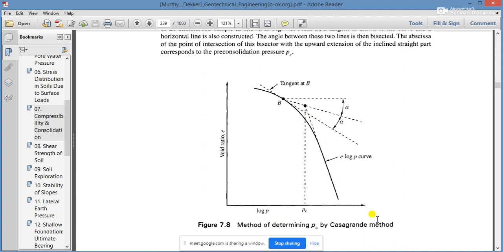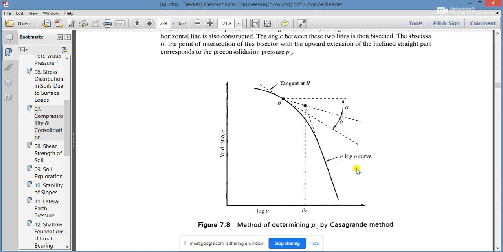As mentioned in every book, common thing, this point B. This graph is also called the Casagrande method actually. But the Casagrande method is not important. Important is the E log P curve. You may be asked: what is the E log P curve?